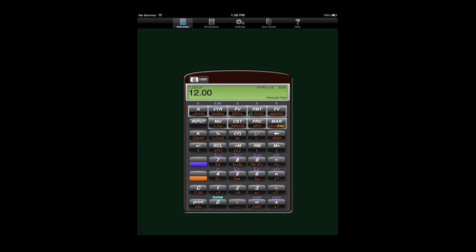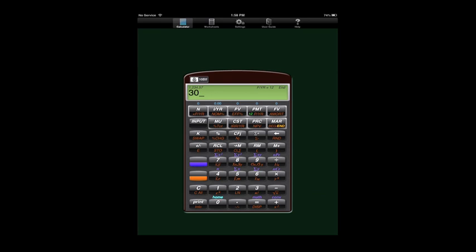So I'm going to create a loan that is 30 years and has a 12% interest rate. It's a $100,000 loan, and then I'm going to find the payment. Okay, so how do I do that? First, I'll just start on the left and work across. The first thing I'll enter is the number of periods. The way I'm going to do that is I'll type 30 years, and then I'll use the Shift key.